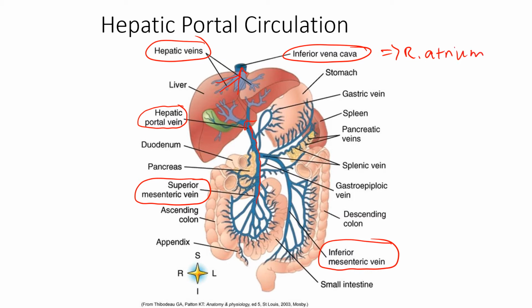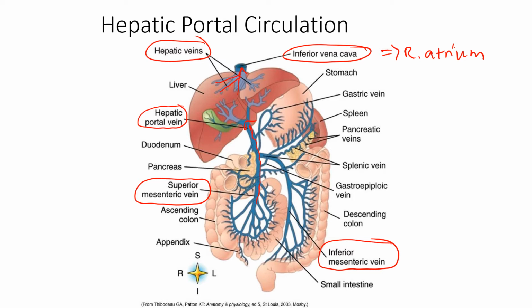All right, we go to the right atrium of the heart. Okay, so we're getting most of the flow in this image from the superior mesenteric vein to the hepatic portal vein. We go into the liver for cleaning, storage, and then we exit by way of hepatic veins to the IVC to the right atrium.